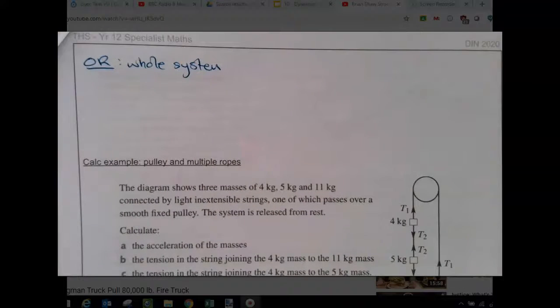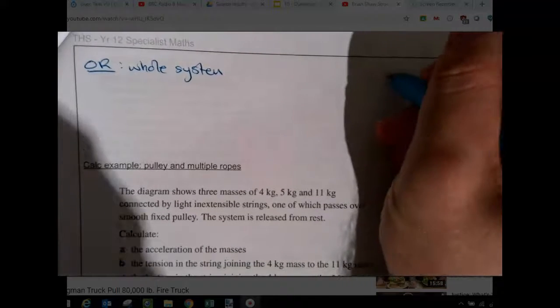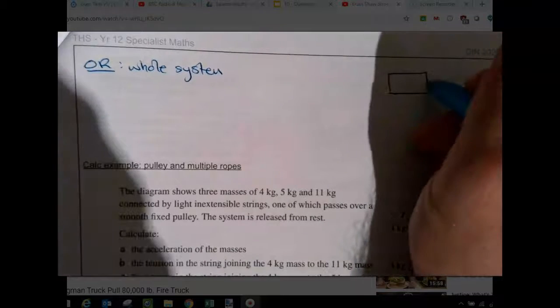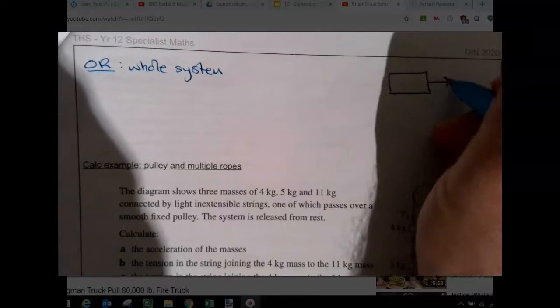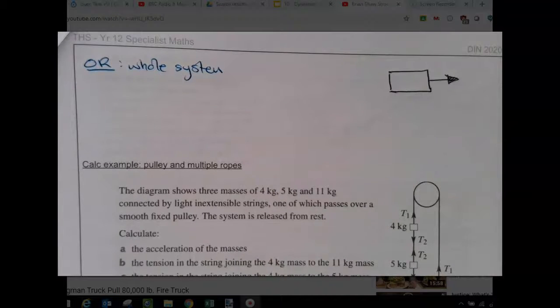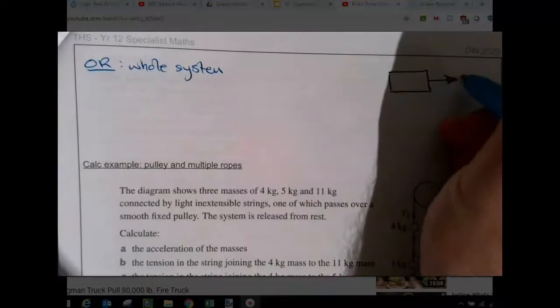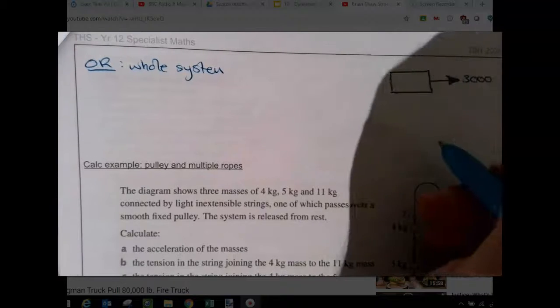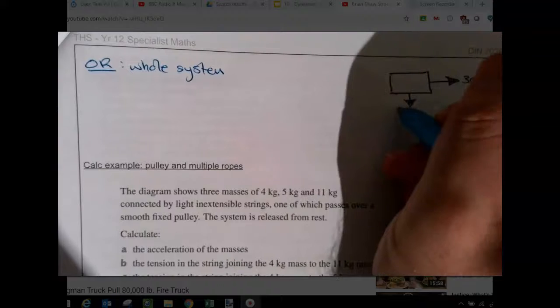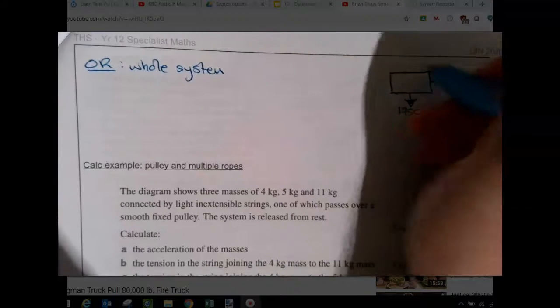And whenever we've got two things connected by the same acceleration and the same tension, we can draw a simplified overall diagram. I'm going to do that here. Now this is the whole system acting together. So this block represents both car 1 and car 2. The driving force is still the same, that's pulling it forward. The mass is going to be 1,750 kg.